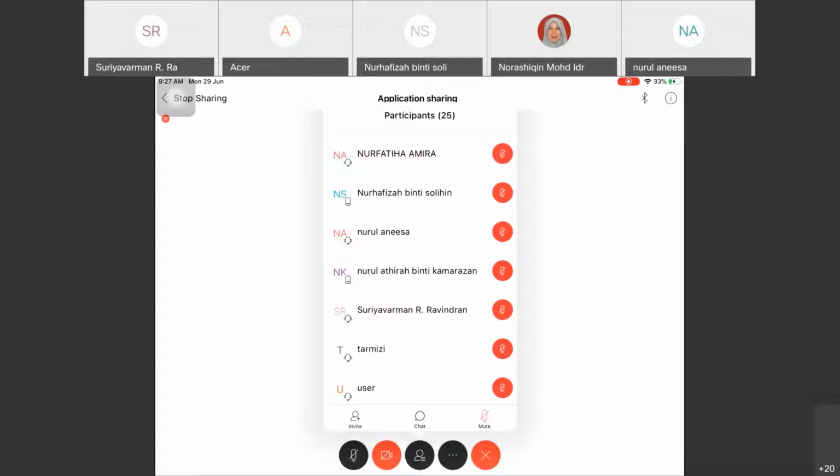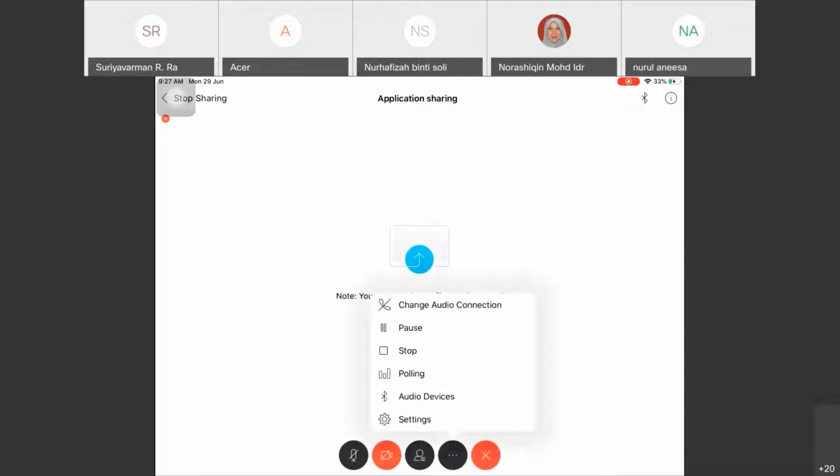Yang lain cuba cakap. Tarmizi, cuba cakap sikit. Kenapa saya tak dengar? Audio devices, change audio connection. But I hear your voice, Surya. Yeah, just now Tarmizi's voice also I cannot hear, Doctor.